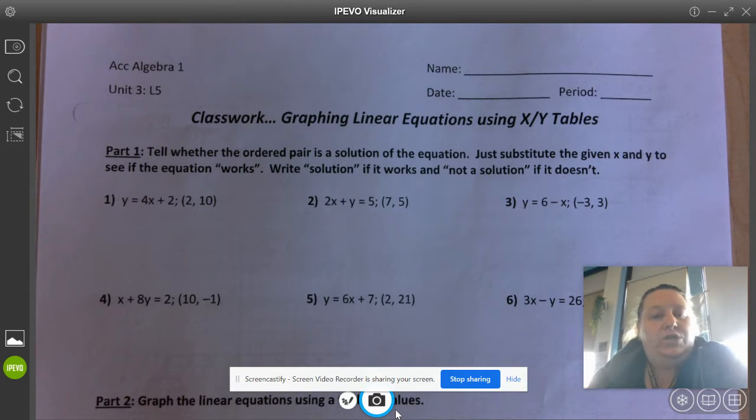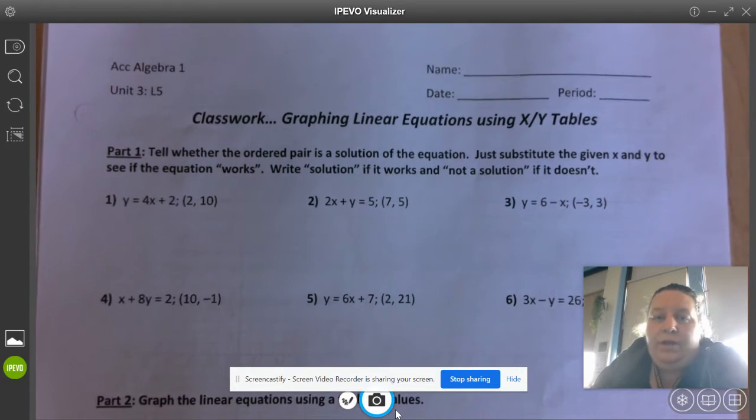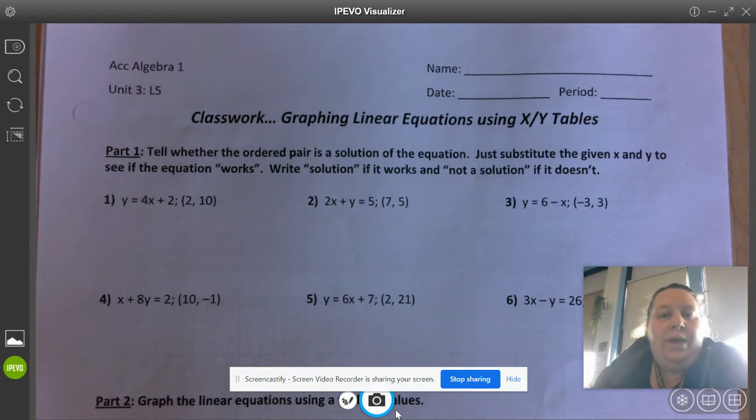And some of these equations should look familiar because we've actually been working with functions for over a month now, but we weren't calling them functions, we were calling them linear equations. So linear equations or linear functions are made up of a set of ordered pairs that work specifically for that function where each input gives you exactly one output. So if I put a number into an equation, I should only be getting another number out, only one.